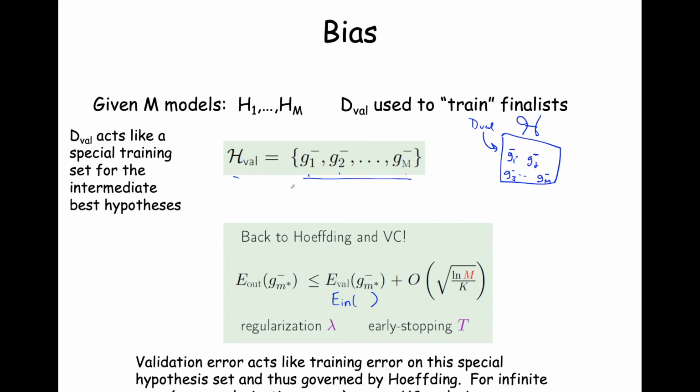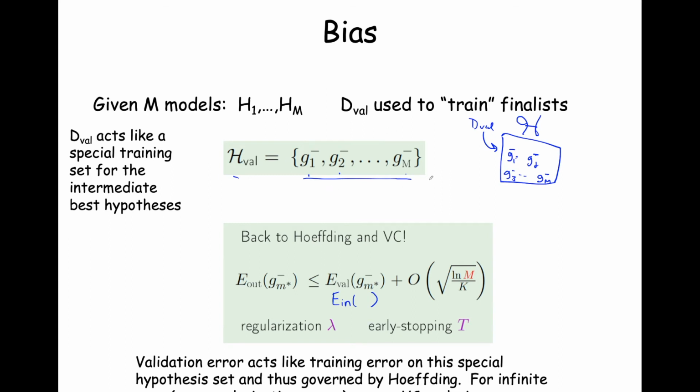With the infinite size hypothesis set, you reduce this down to the number of dichotomies that can be generated by this hypothesis. This is just to say, given a set of models, you can relate back to Hoeffding's inequality and the VC bound for this second round of selection among these limited or intermediate final best hypotheses.